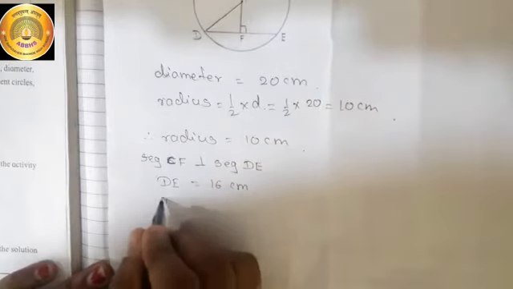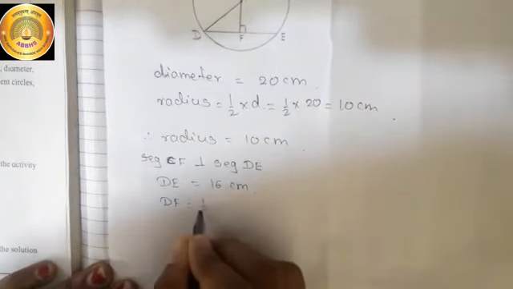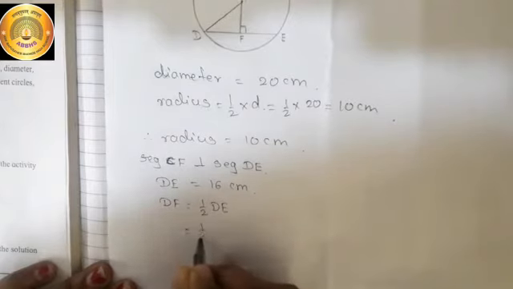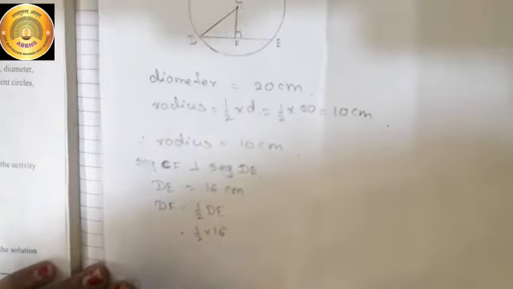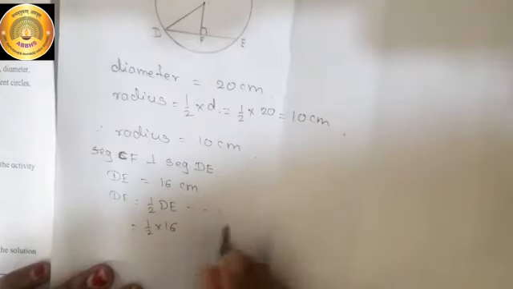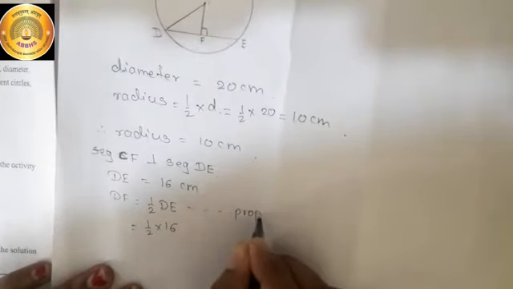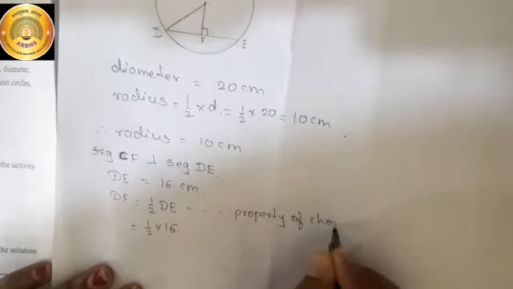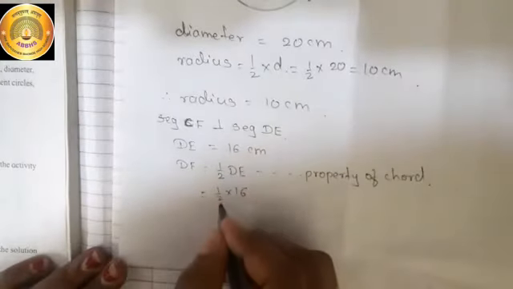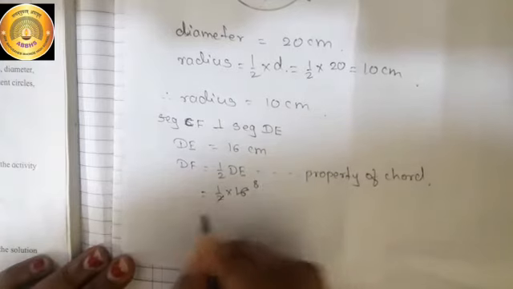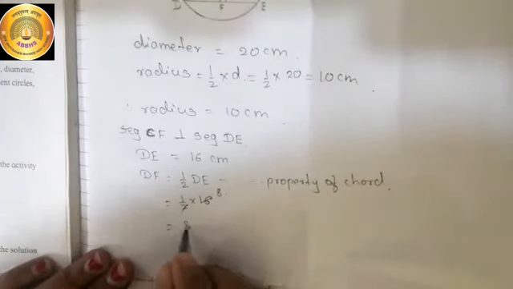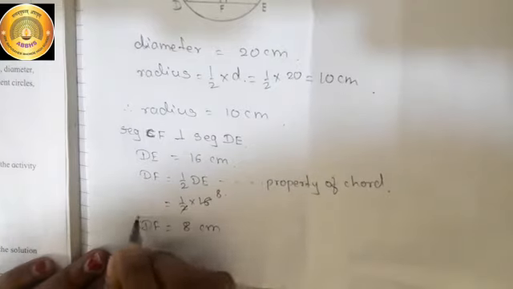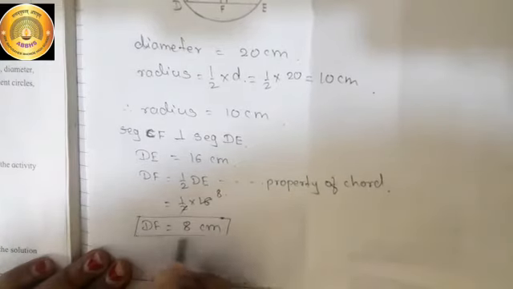So how much is DF? DF will be half of DE, that is half into 16. By the property of chord, therefore, cancelling, we get 8. So DF is equal to 8 centimeter.